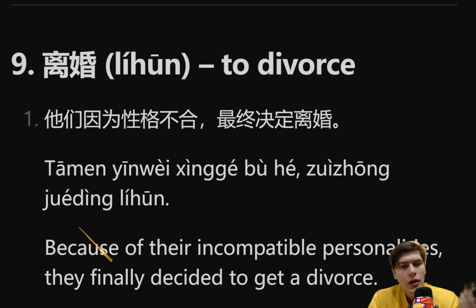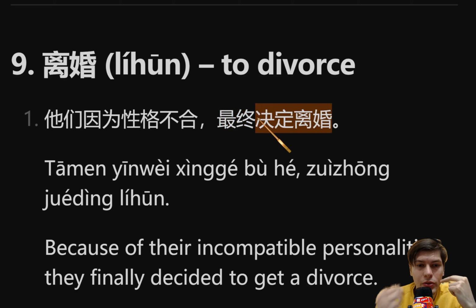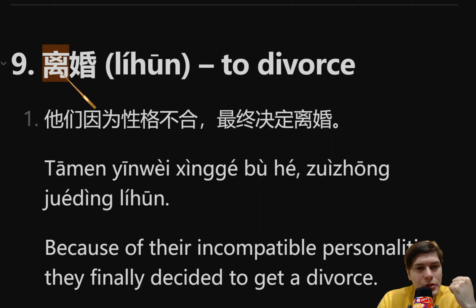Okay. 他们因为性格不合，最终 at the end 决定离婚, decided to divorce. 离 is to leave something, 婚 is the 婚 of 结婚, marriage. 他们因为性格不合，最终决定离婚.